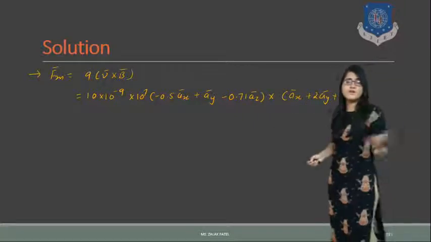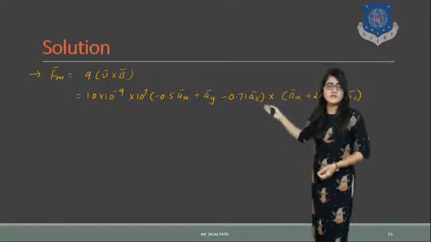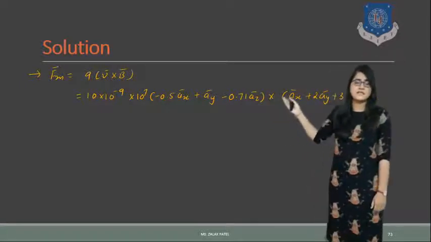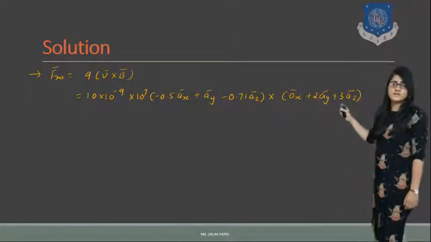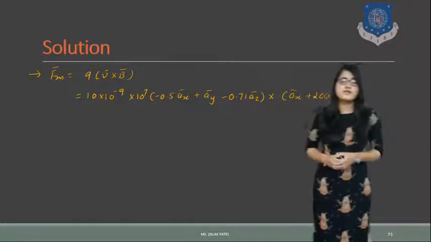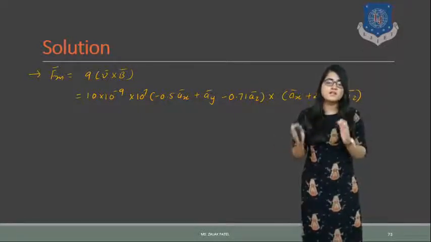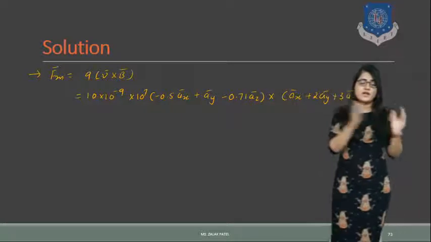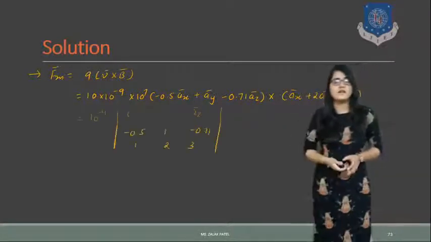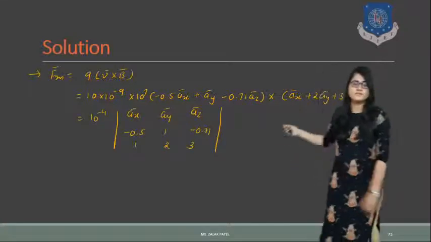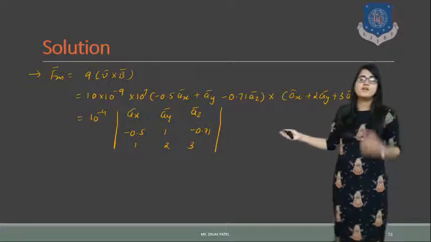We have all the values. The charge is 10 nanocoulomb. The velocity is 10 raised to 7 into (minus 0.5 ax plus ay minus 0.71 az), crossed with B bar, our flux density. Since there is a cross product, we have to use the determinant. Whatever terms are constant, you take out of the determinant, and the rest will be ax, ay, az, and the remaining two rows are the coefficients: minus 0.5, 1, minus 0.7, and 1, 2, 3.